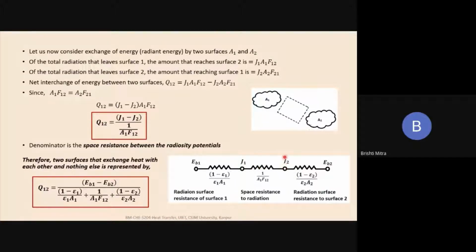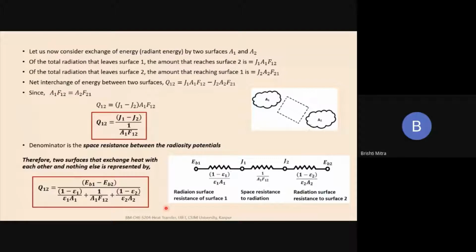And the last one, the surface resistance of body 2, was J2 minus EB2 divided by this particular resistance. So to find the net rate of heat transfer between body 1 and body 2, that is EB1 minus EB2, we have to include all the resistances, and these resistances are summed up in the denominator. This is the general expression we found in the last class, and that's where we had stopped.